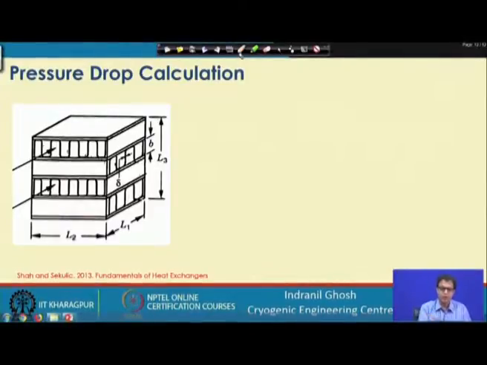First of all, for estimating the pressure drop, we need to know the fin specification or the geometric specification. Then we need to know the operating conditions, like the flow rate and so on.